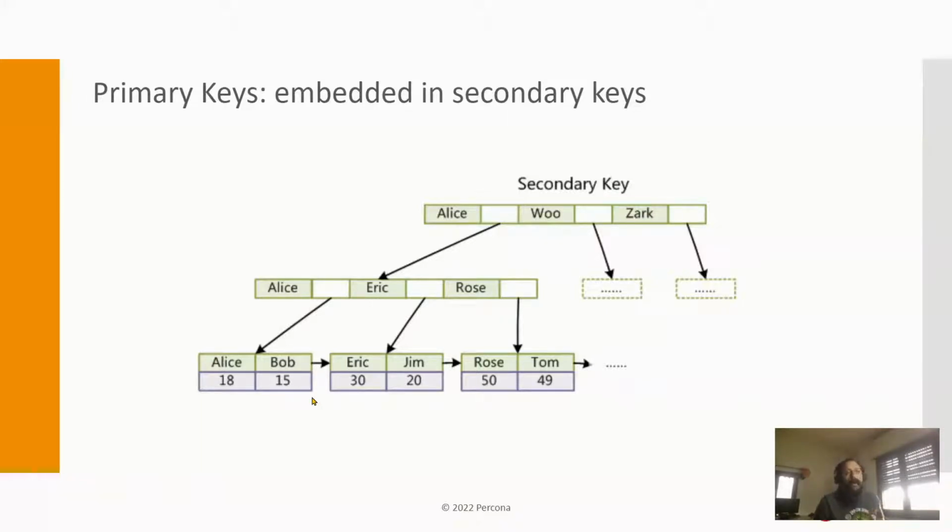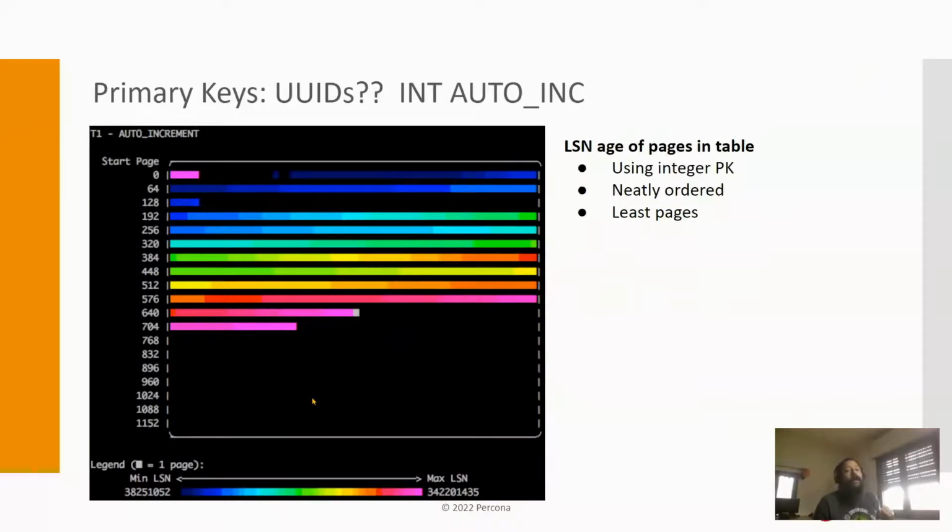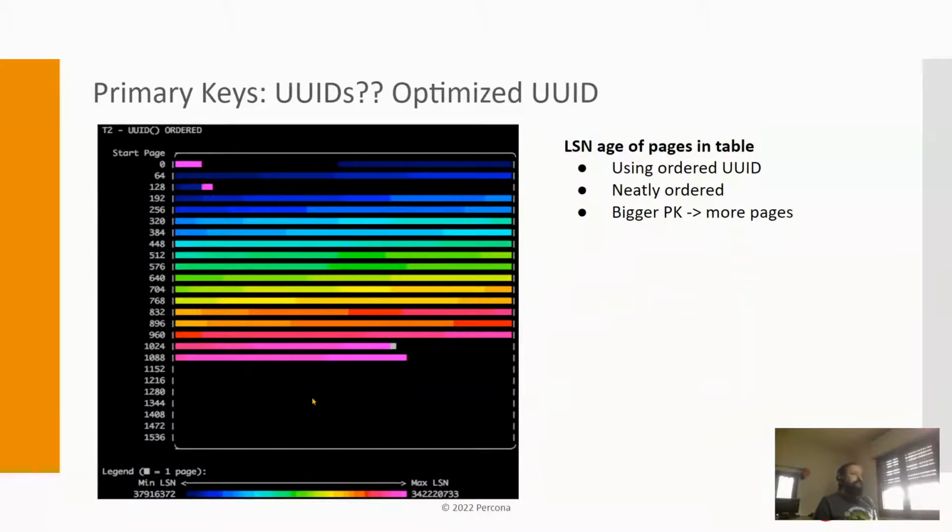As you add many millions of rows, these small differences start to add up and can have a major impact. So yes, you can have an ordered UUID that is neatly and tightly packed, but it will be heavier. It will still have a larger footprint on disk and in memory.